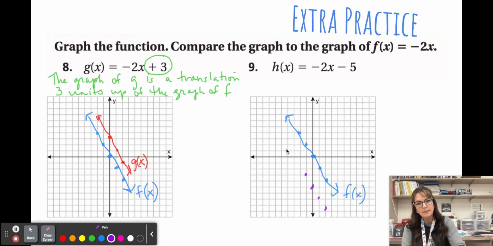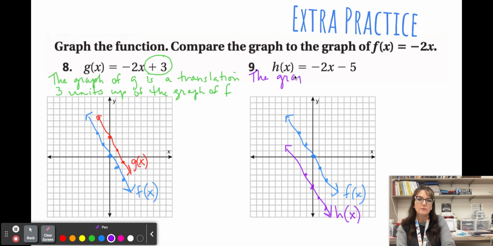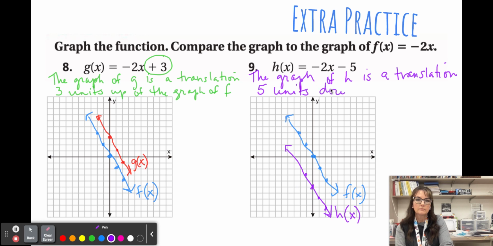So in this case, we want to say that the graph of h is a translation 5 units down from the graph of f of x.